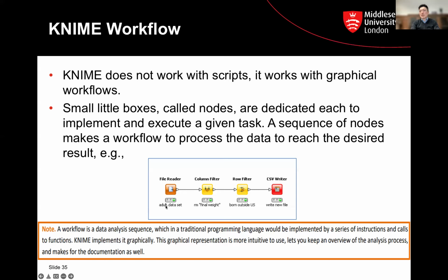For each of these, you need to change some settings as well. For example, for the file reader, you need to tell it where it can find the actual data file, and so on and so forth. Once you have created a workflow, you can click run, and it will go through the entire workflow.